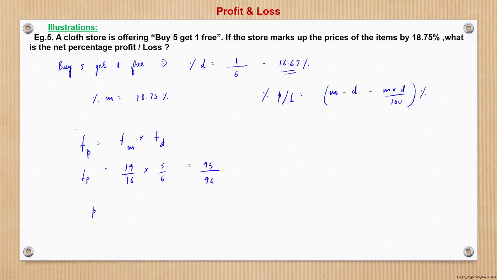So from here we can say that the percentage profit is 1 plus x equals 95 by 96, that is 1 upon 96 with a negative sign as the percentage profit. Effectively he is incurring a loss in this transaction.